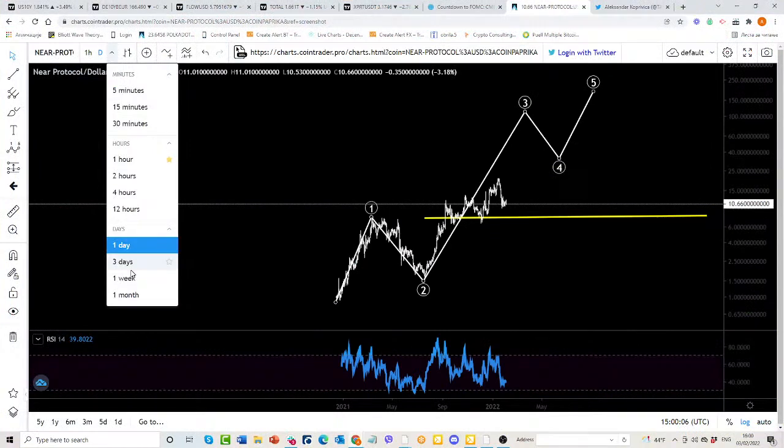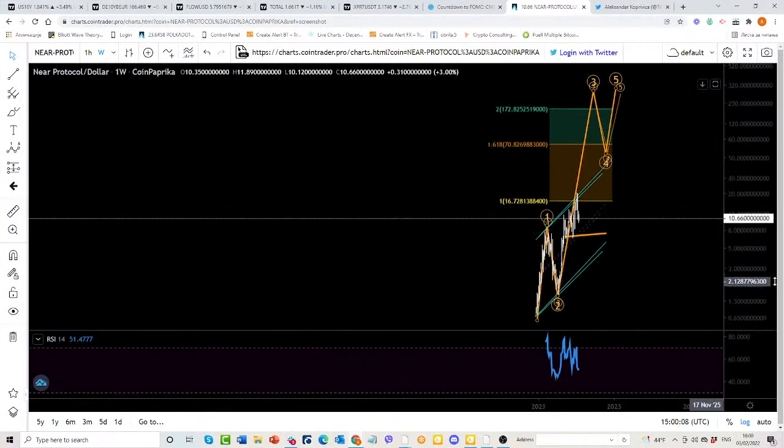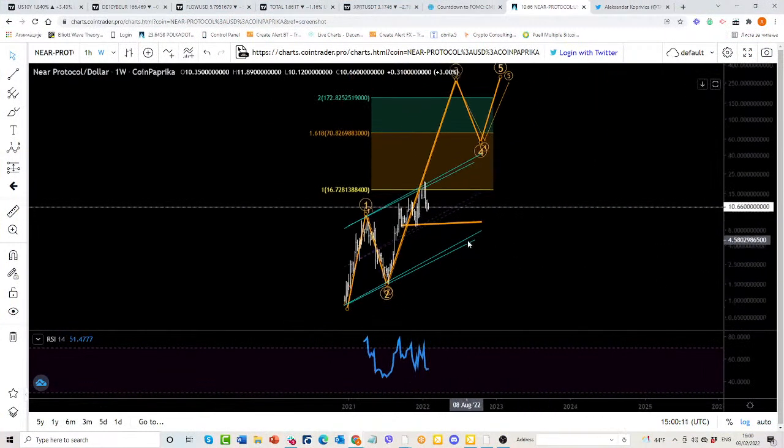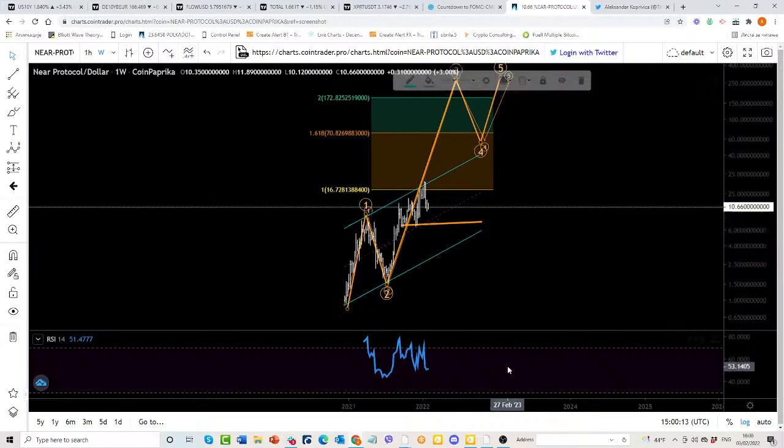If I look also at the weekly level and if I look at the chart, we are still within the corrective channel, as you can see, which is not something we usually like to see.